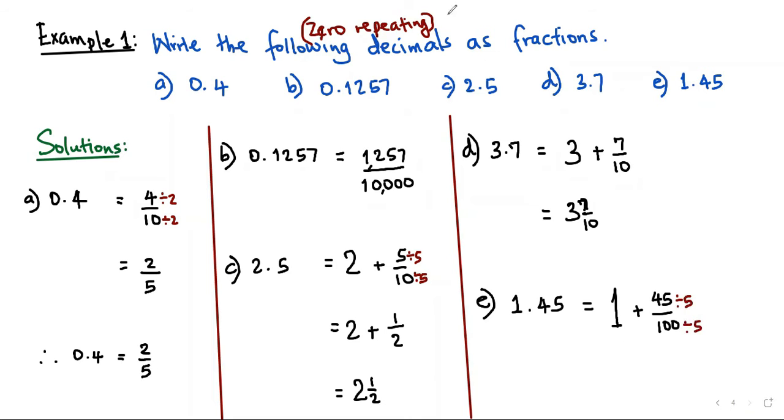So we will get 1 plus 45 divided by 5, we get 9. And 100 divided by 5, we get 20. So we get 1 and 9 out of 20. So that's how we write that as a fraction. Is that okay?